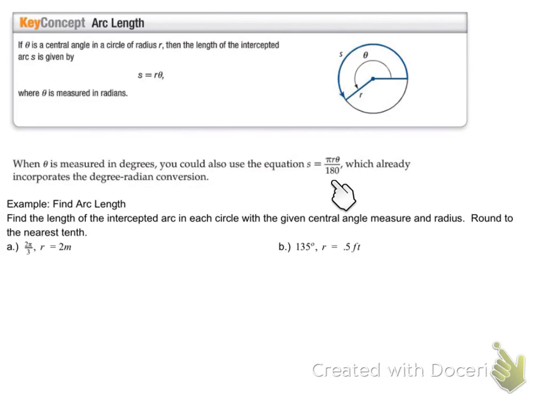So you are multiplying the degrees by pi over 180, which converts it to radians, and then you can multiply it by r. It does the degree to radian switcheroo, so that therefore the formula does work.